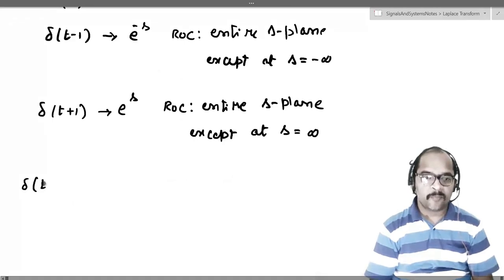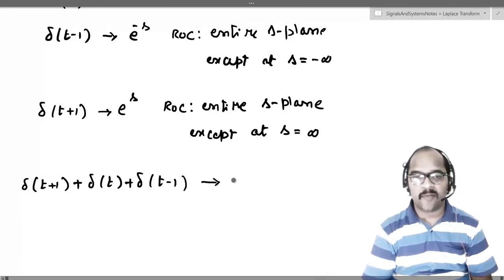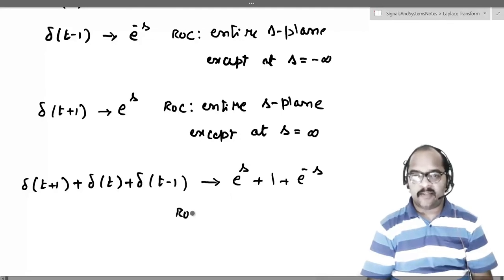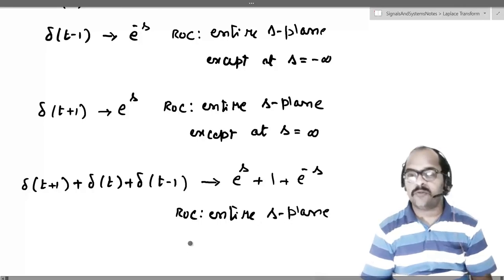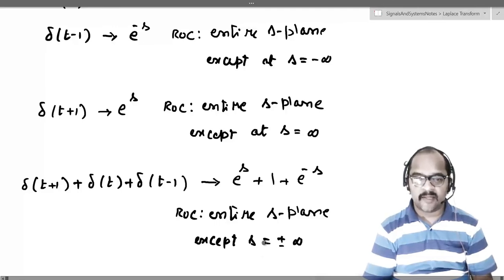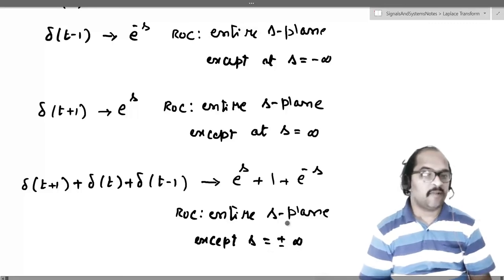Now we will take a combination of these three: delta of t plus 1 plus delta of t plus delta of t minus 1. What will happen to the Laplace transform? You get e power s plus 1 plus e power minus s. What will happen to the ROC here? The ROC is again the entire S plane, except at s equal to plus or minus infinity.